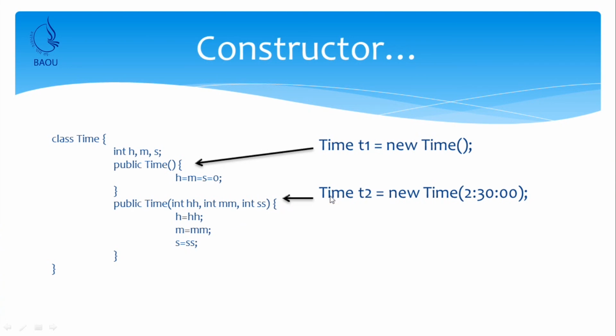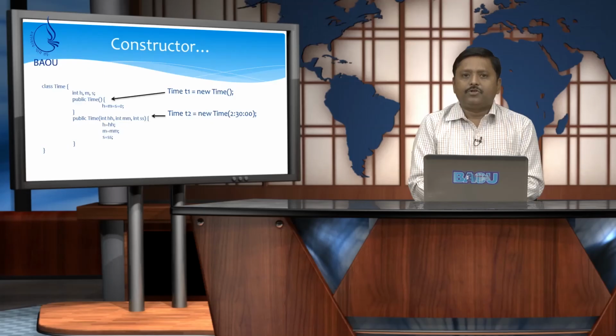So, I can write time t2 is equal to new time and here instead of colon we have to use comma. So, that is the mistake. So, I can write 2 comma 30 comma 0. So, it will initialize hour to 2, minutes to 30 and second to 0. So, this is how we can define a constructor.